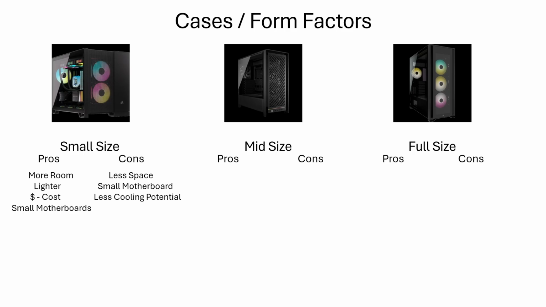All these cases here are Corsair, but there are a lot of companies that make cases, so there's plenty of potential to buy different ones. I personally go with Corsair because Corsair is a big brand for computer components. They make cases, power supplies, RAM, storage, and fans.